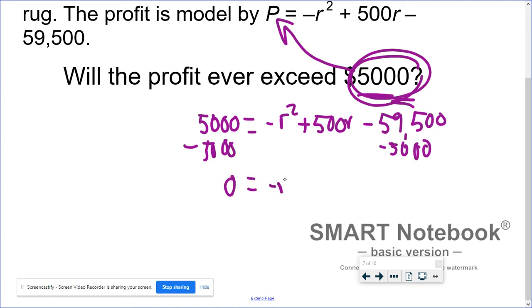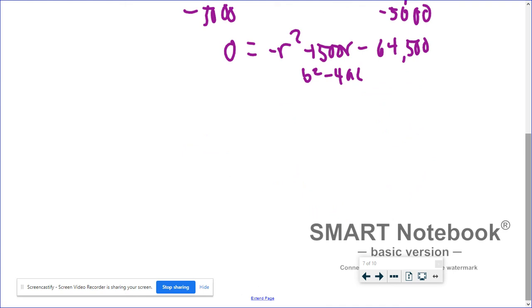You end up with 0 is equal to negative r squared plus 500r minus 64,500. The discriminant is b squared minus 4ac. So in this case, b squared, well, b is 500. It's minus 4 times negative 1 times negative 64,500. So when I turn this into the calculator, let's see what we get.